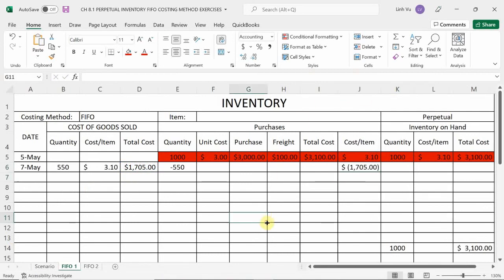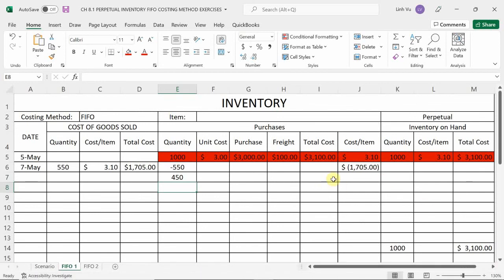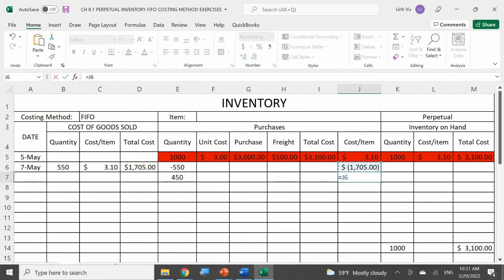So then this should give me my grand total of 450 units left at a grand total of... why is this negative?